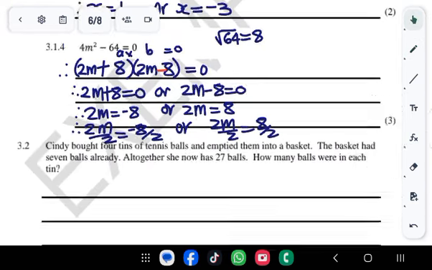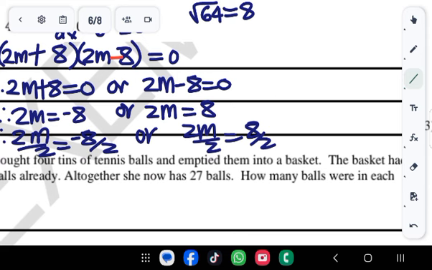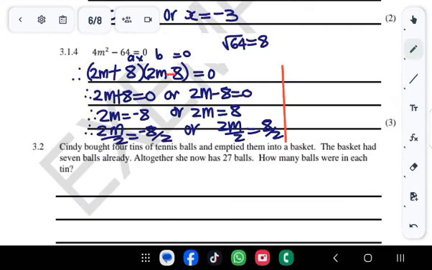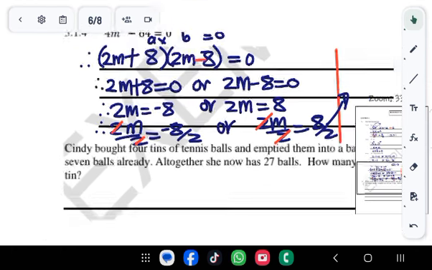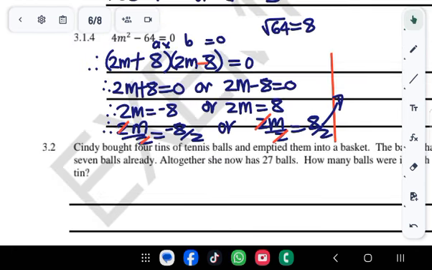That gives us what? We don't have enough space there, therefore we're taking this here. Therefore, m equals, because the 2's cancel out, same story as here. So that will be m equals minus 8 over 2, which is negative 4.